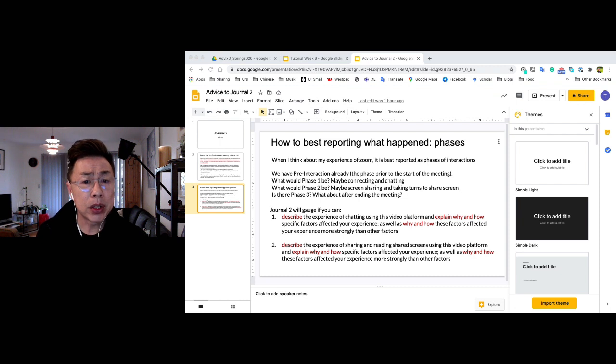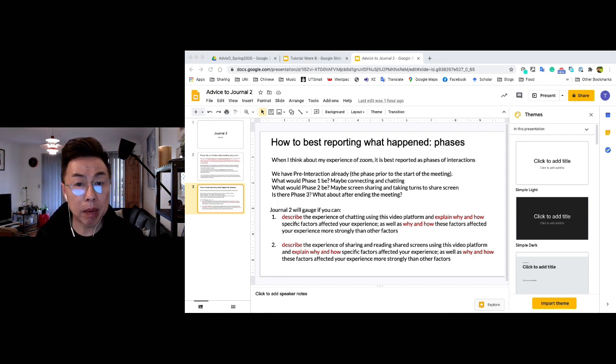So I've actually reconfigured this template slightly to help you do this journal more closely to what we're hoping that you can report. So like in pre-interaction, we expect a lot more here to be written, okay? Because it's not just what you did first and why, but who was involved.